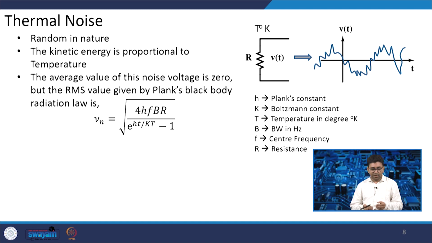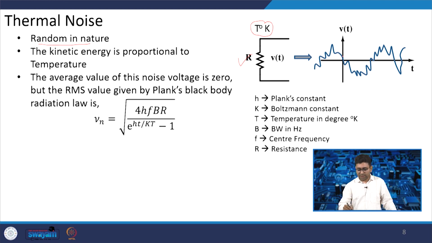Thermal noise is random in nature. I just want to give an example here. If you have any resistor at temperature T Kelvin, and you observe the voltage Vt across the resistor with a good oscilloscope, you will get a voltage waveform which is random in nature.